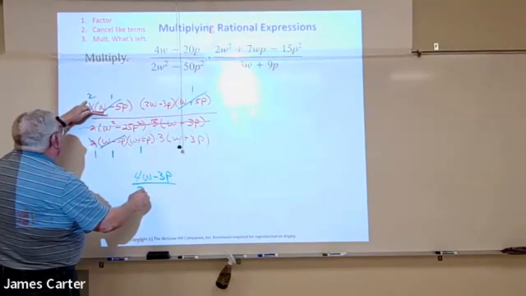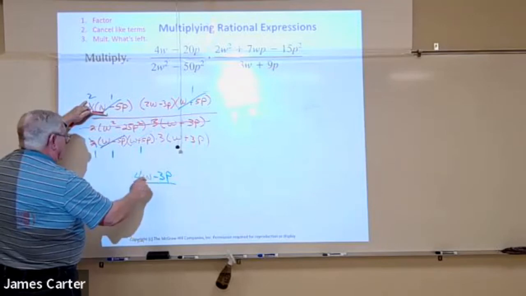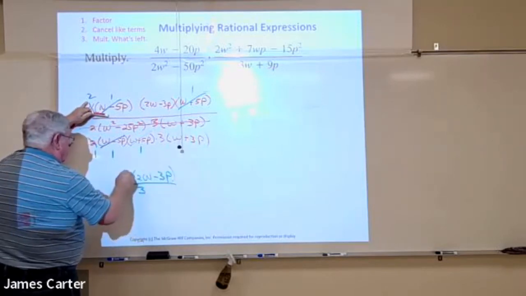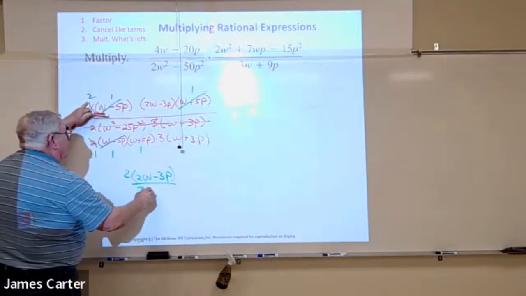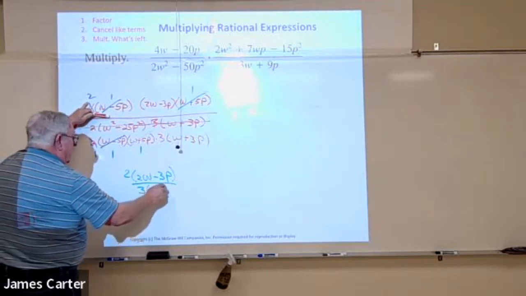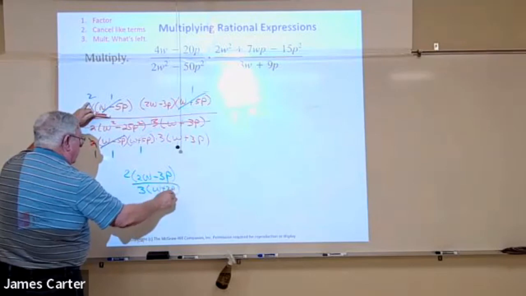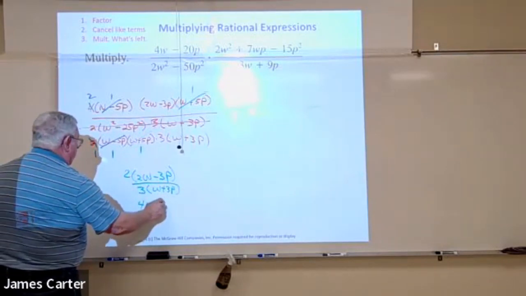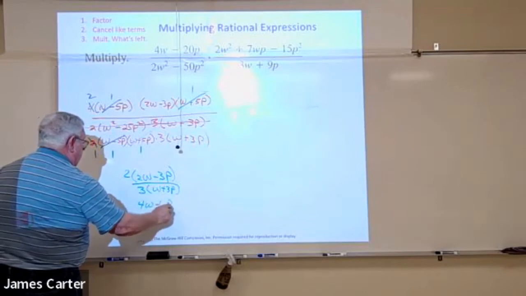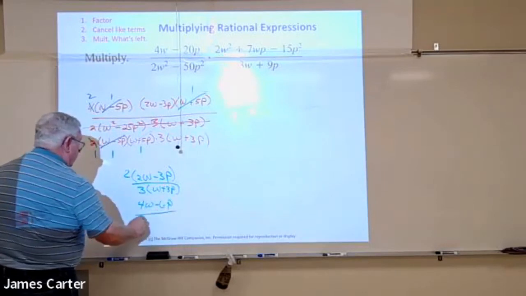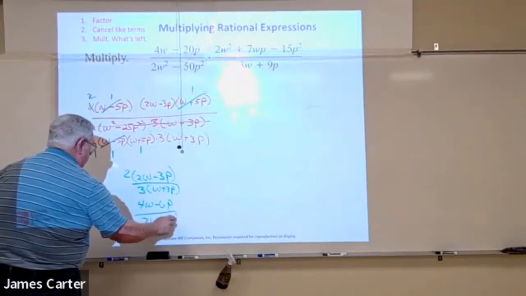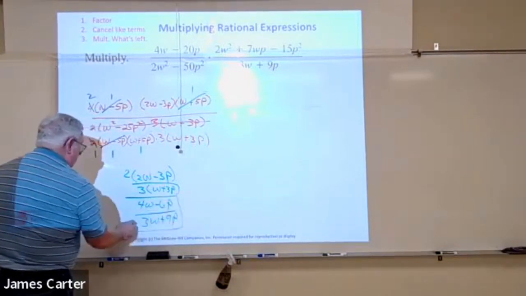And, well, no. 2 times that. Okay, and 3 times W plus 3P. So this becomes 4W minus 6P over 3W plus 9P, and that won't break down.